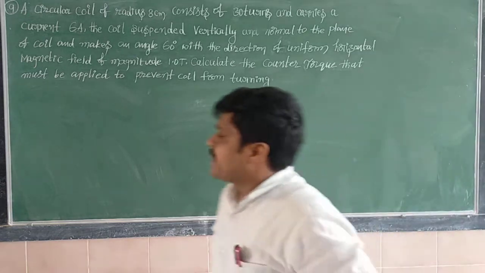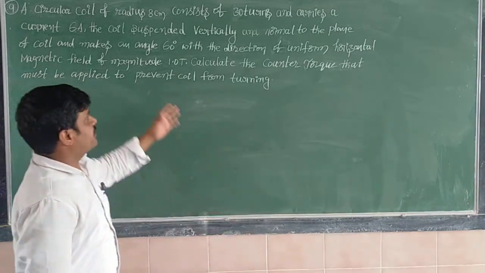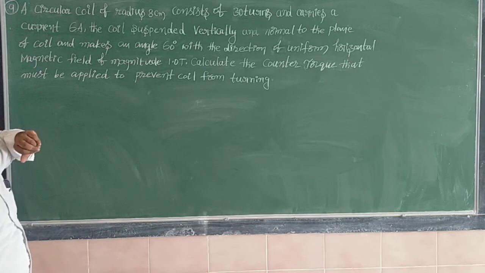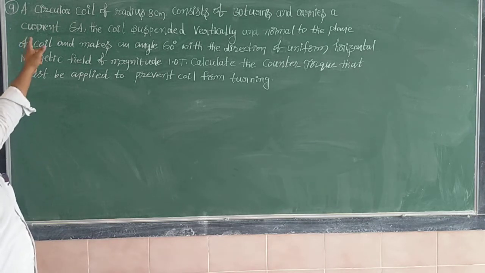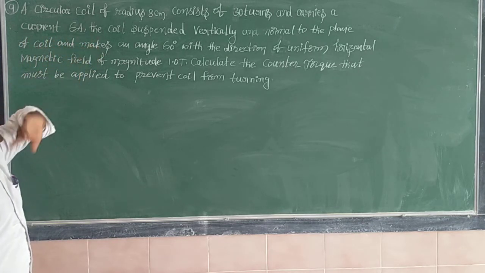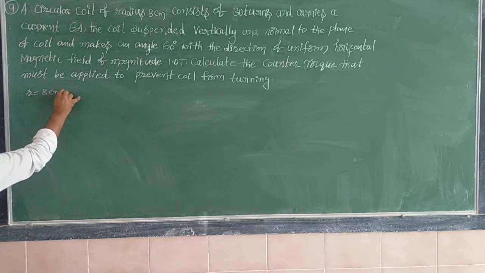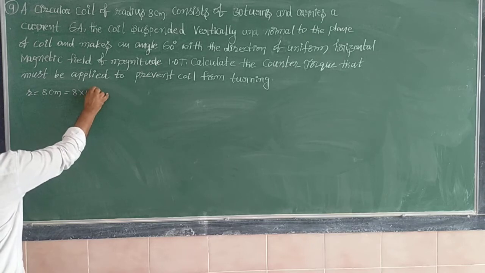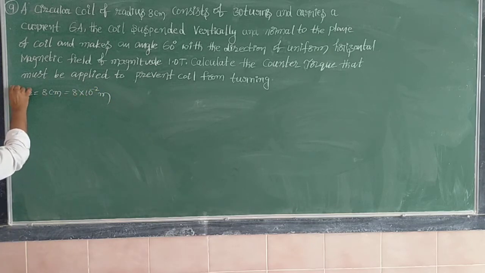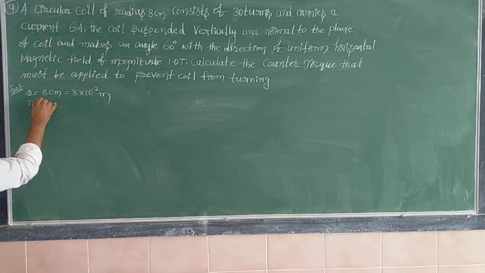Right. Problem number 9 is a homework problem, very similar to the previous one. We have to solve this one. A circular coil of radius R equal to 8 centimeters, that is 8 into 10 power minus 2 meter, consists of the number of turns, which is nothing but 30, and carries a current of 6 amperes. Right?